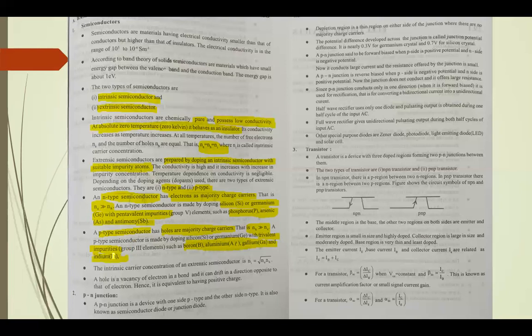The intrinsic carrier concentration of an extrinsic semiconductor is given by Ni = root of Ne times Nh.